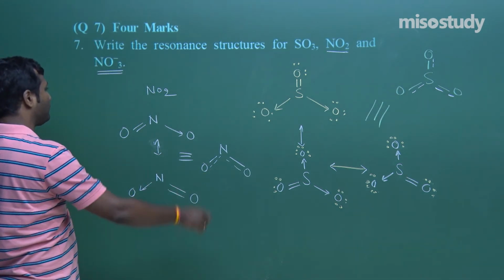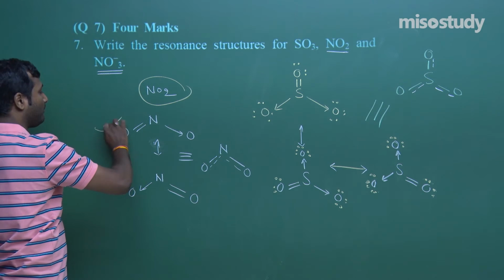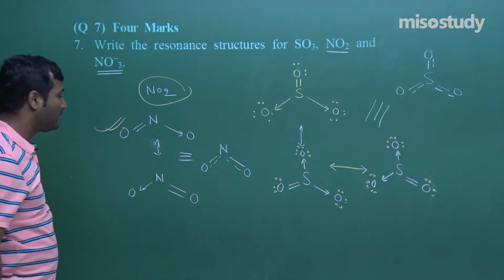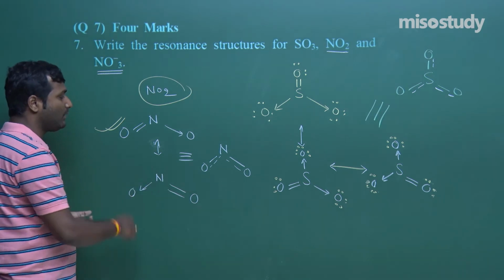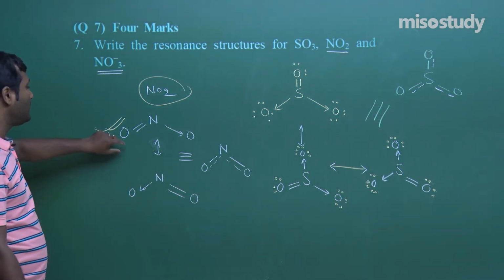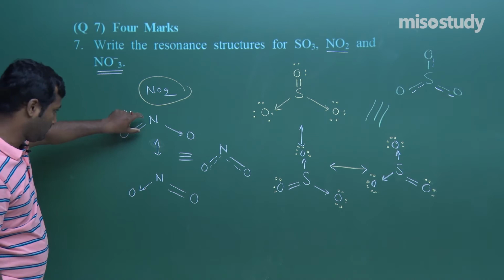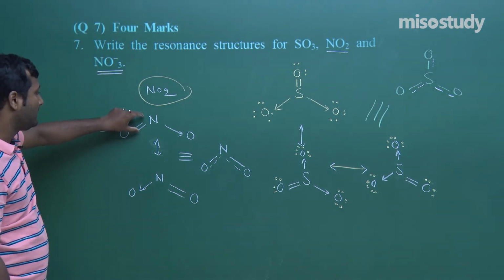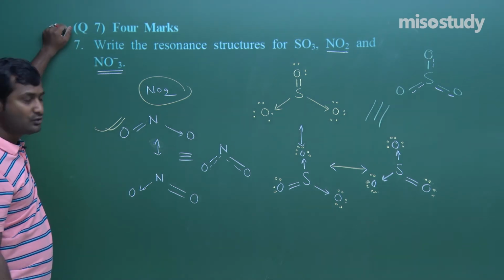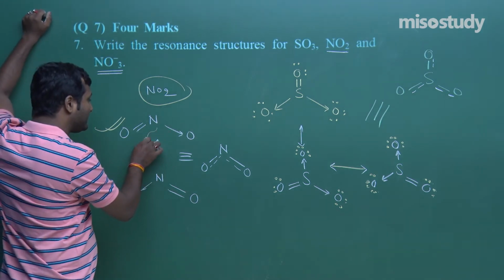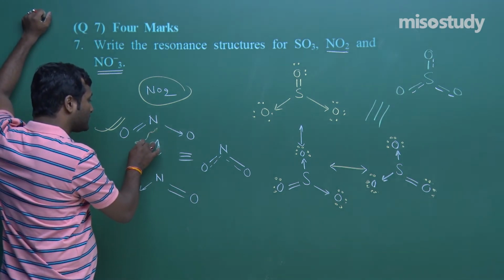One more thing I have to mention, this is not a complete resonating structure, because when we compare the actual valency, nitrogen requires 3 bonds. So here in this case, the odd electron bond concept takes place.